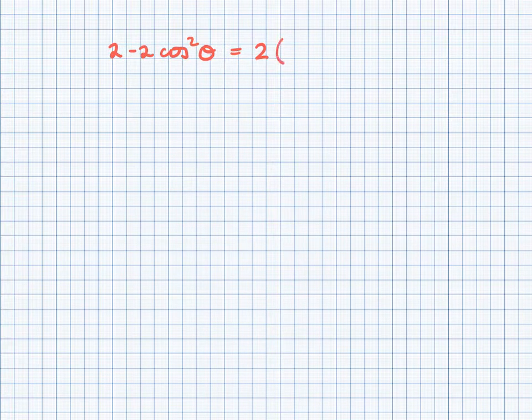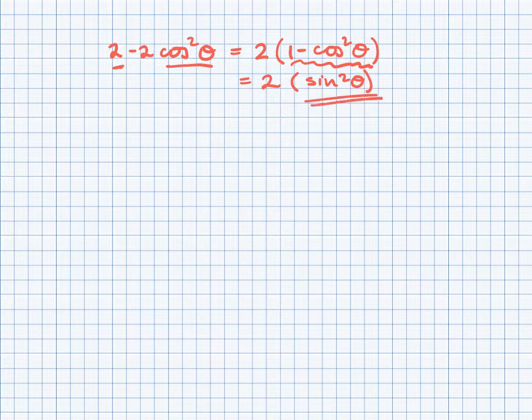So 2 is going to be taken out, and we will be left with 1 take away cos to the power of 2 theta. We have seen just before that 1 take away cos to the power of 2 theta is actually the same as sin to the power of 2 theta. And that would be our answer.